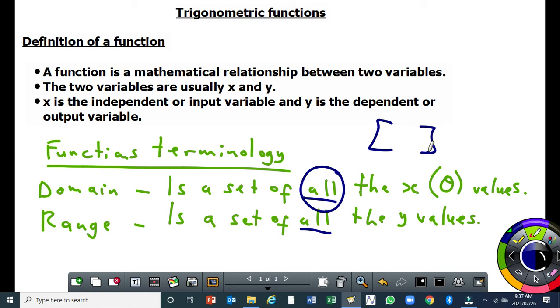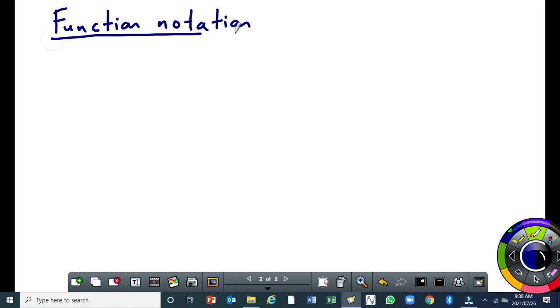And then the other aspect is what's called function notation. In trigonometry, or rather in this grade, you will be introduced to a new concept, which is the concept of function notation.